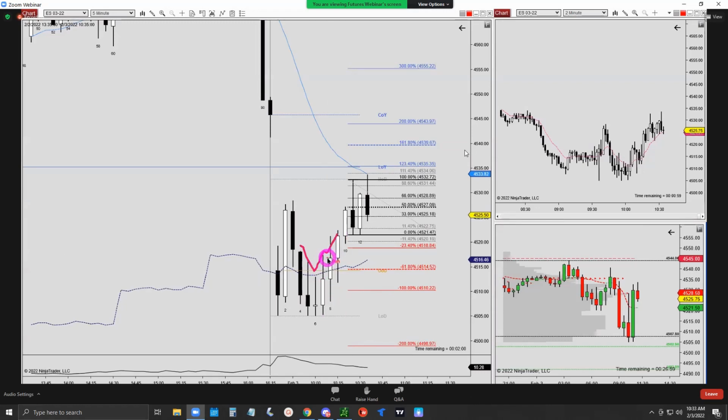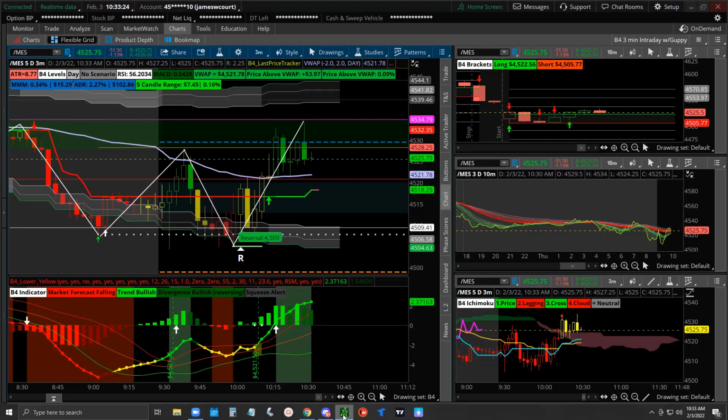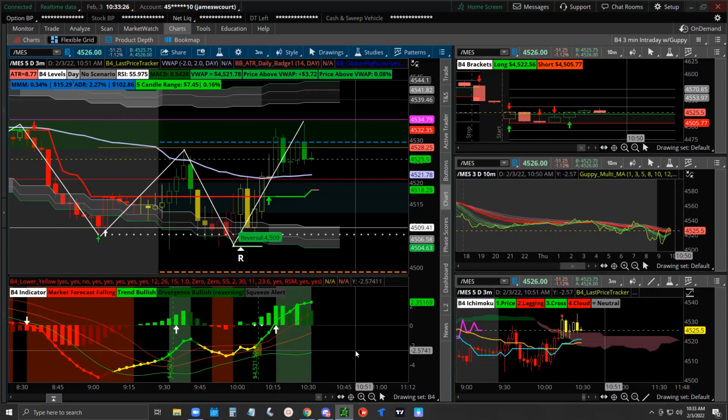You could probably buy this bar's close with your stop here, risking this much. I didn't recommend doing that due to these bars being news bars. If there was no news scheduled at this point, I would have said buy that and stop here. Your first target is the top and the second target is your EMA. So you could have done that.